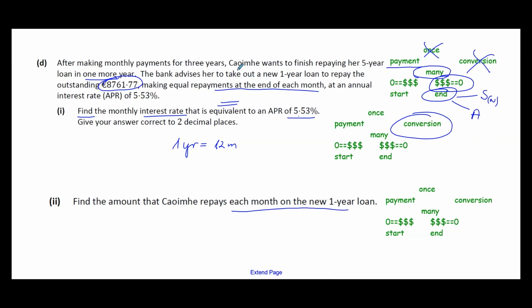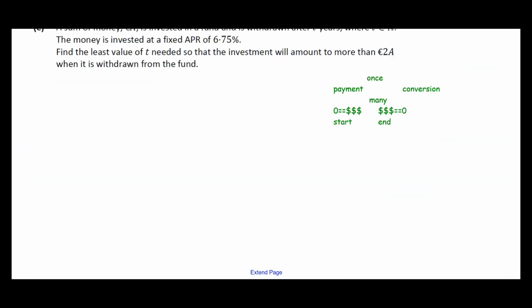In that part, we've already identified that we are looking at many payments, and that is at the end. So it is our SN or amortization formula here. So that was the introduction that goes in here. In the first part, we are just finding the interest rate that we will need for our calculation in part 2.